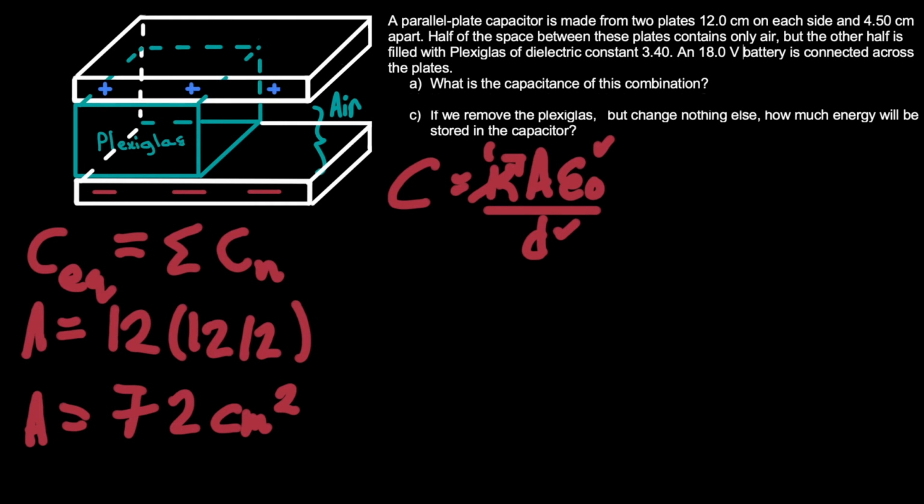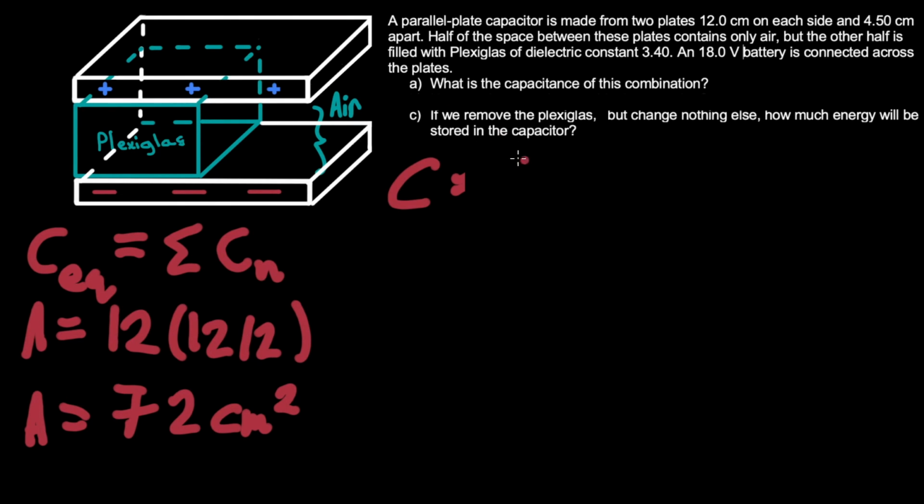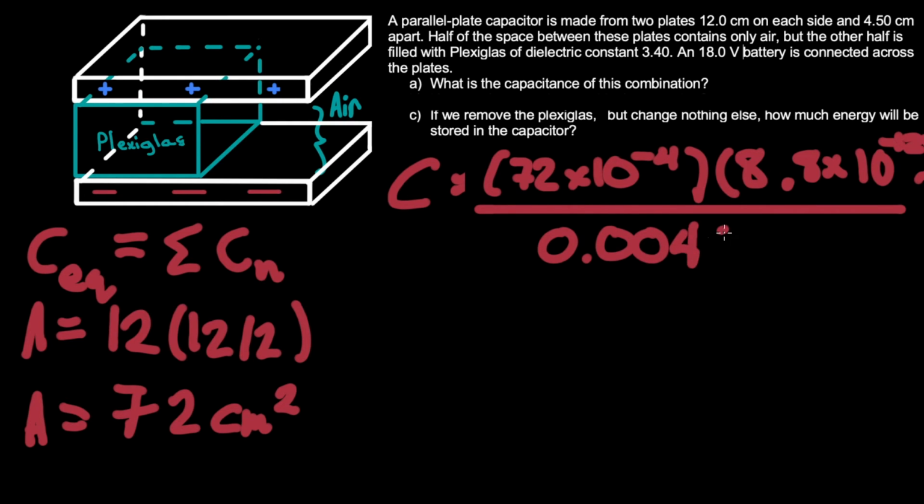I'm just going to clear this up here so that we have some room to actually write our numbers in. So then that is going to be kappa, which is 1, so I don't even need to write it, times our area, which is 72 times 10 to the negative 4, and then times the constant, which is 8.8 times 10 to the negative 12, all over a distance of 0.0045, right?